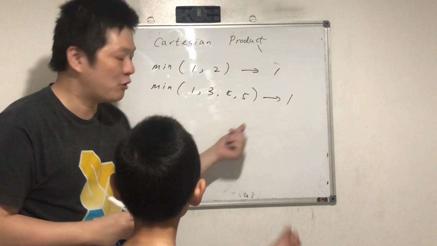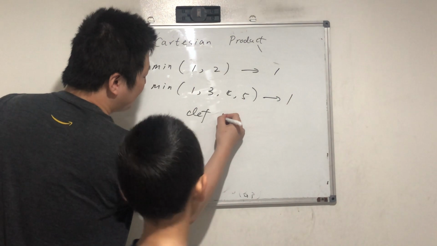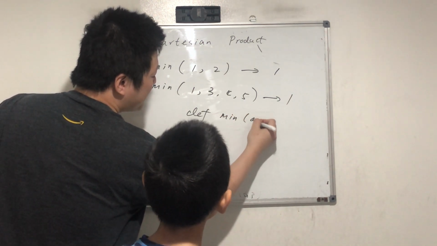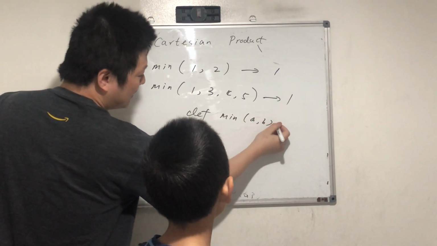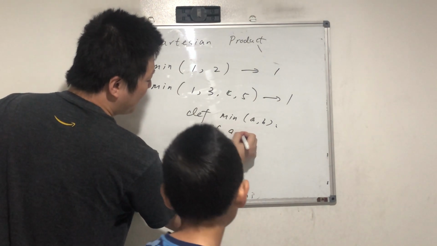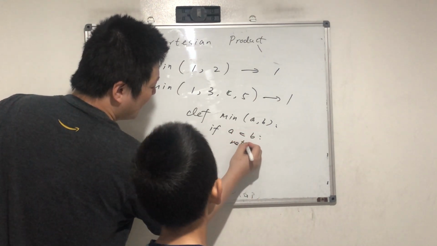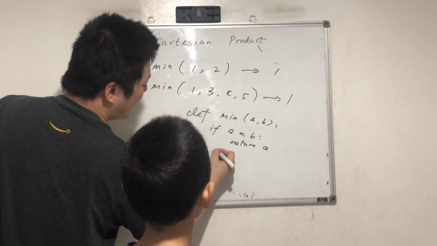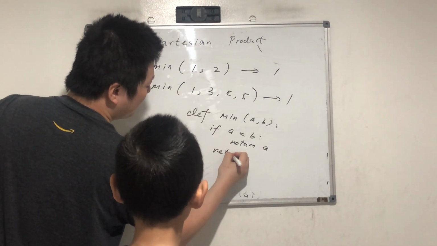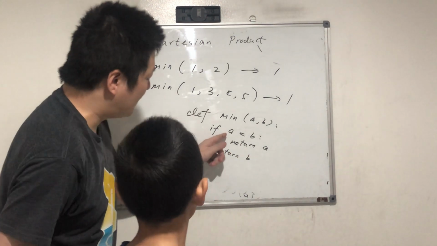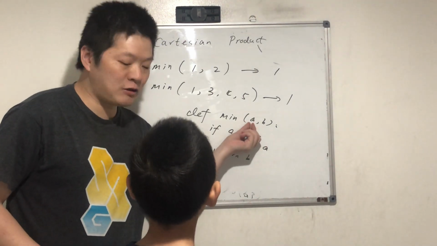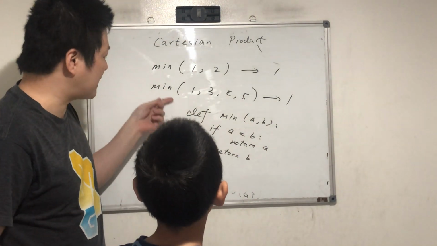It's not fixed. Remember in Python, if you want to define min(A, B), you can say if A is smaller than B, return A, else return B, yeah? But here, look, it's already fixed at two. So how does this work?